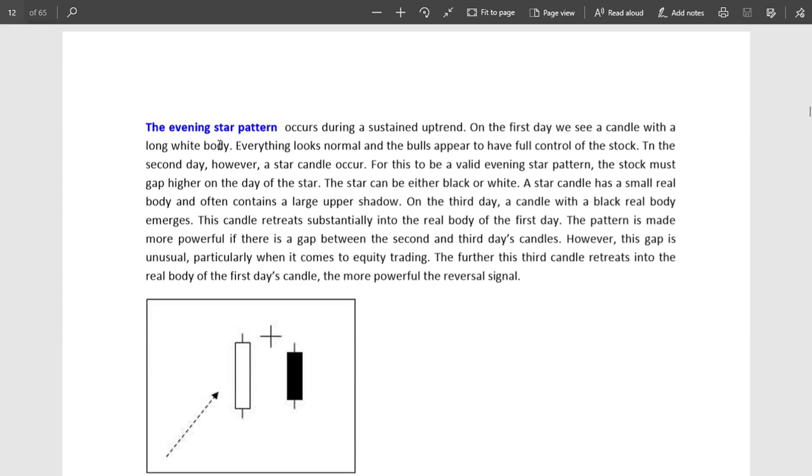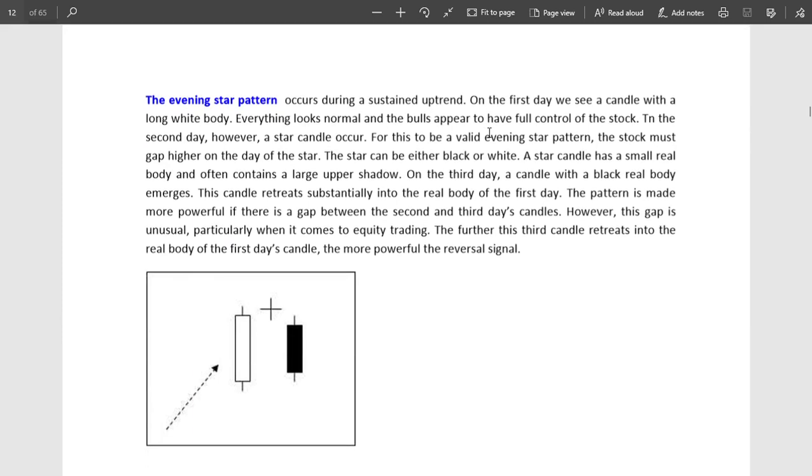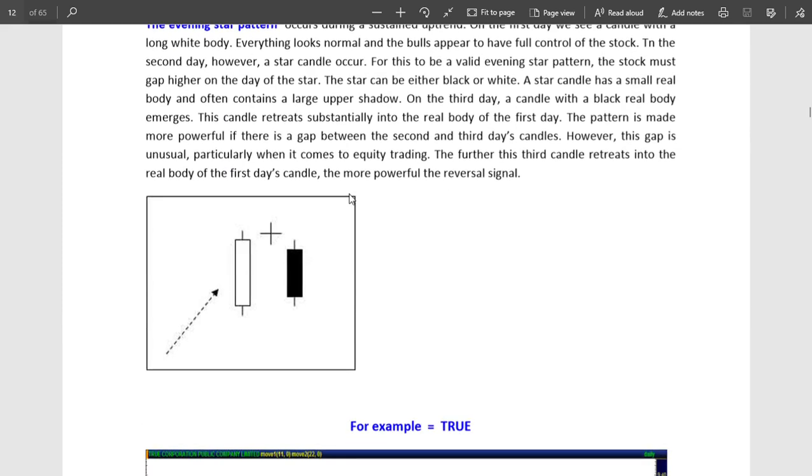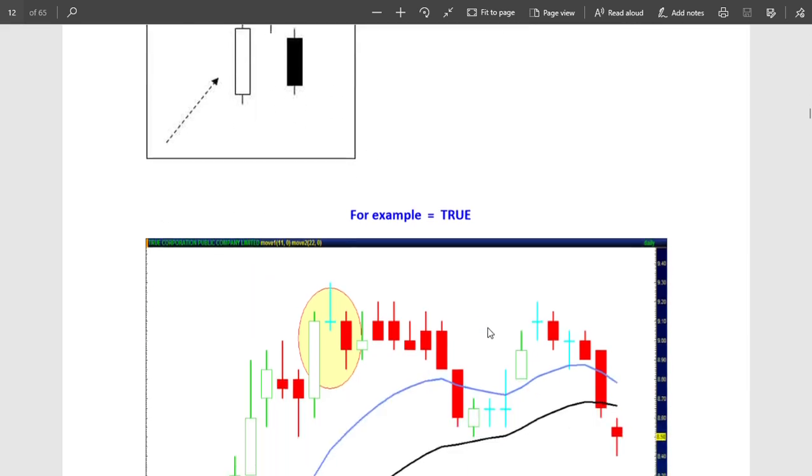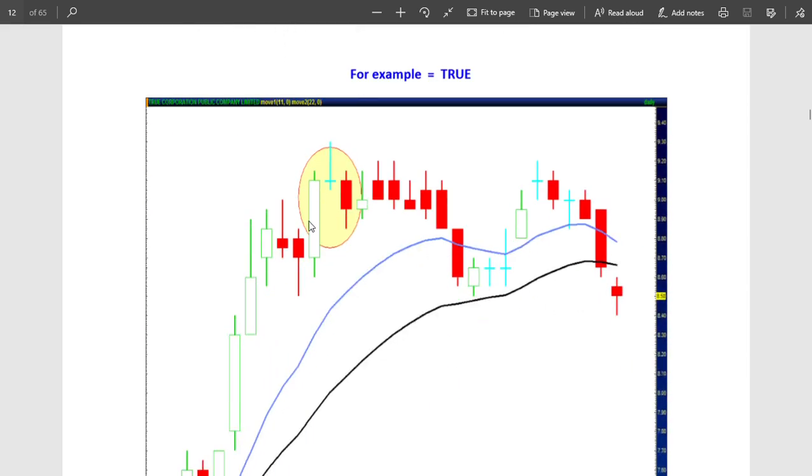So the next one, you have the evening star. This occurs during a sustained uptrend. An evening star happens in an uptrend when price is going up. Then we see this and price tends to go down. Price has been going up, so you get to this point, then you see something like a doji. After this big bullish candle, we see this.